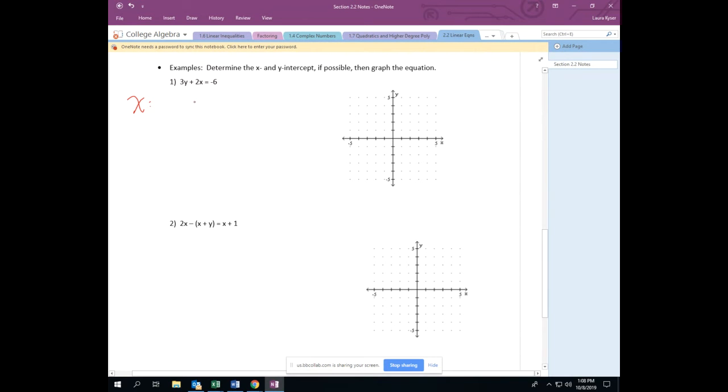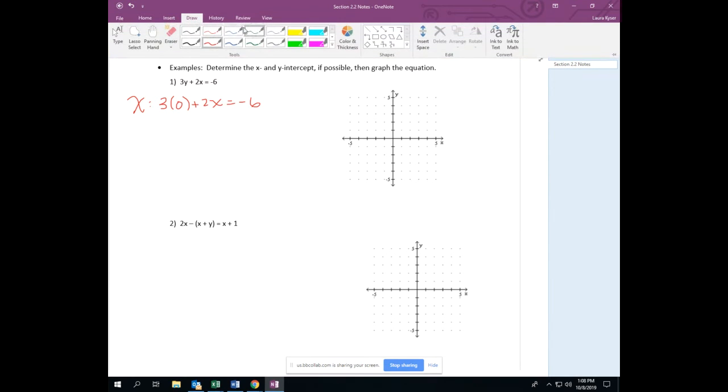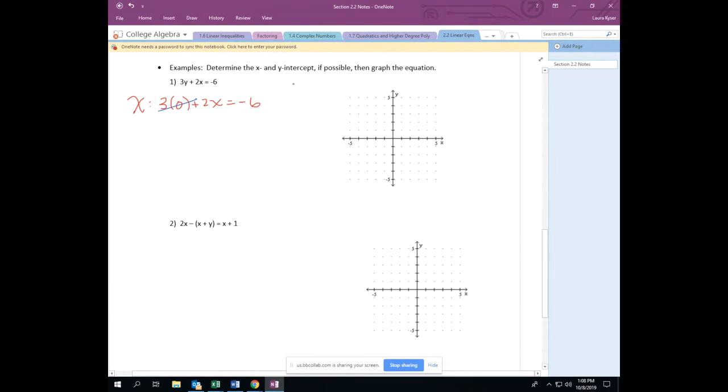And again, to find the x-intercept, we make the y coordinate 0. So 3 times 0 plus 2x equals negative 6. Now, all this is really going to do is eliminate that variable's entire little piece from the equation altogether, leaving you with a much simpler equation, 2x equals negative 6.